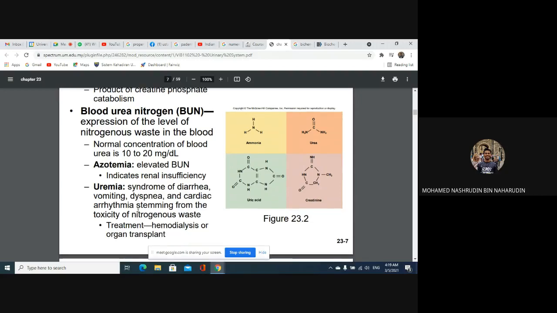And then uremia is the condition or syndrome of diarrhea, vomiting, dyspnea, and cardiac arrhythmia stemming from the toxicity of nitrogenous waste.